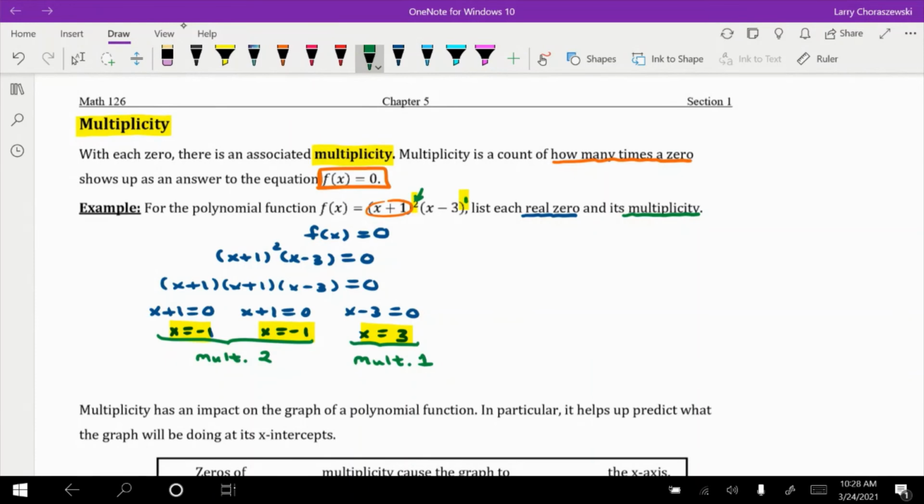And whatever 0 we get for x minus 3, which we saw was positive 3, the multiplicity of that should be 1. So if your function is in this partially factored form, then you can identify the multiplicity just by looking at the powers on each factor. Alternatively, you can solve the equation f of x equals 0 and then just count how many times each 0 shows up as an answer.